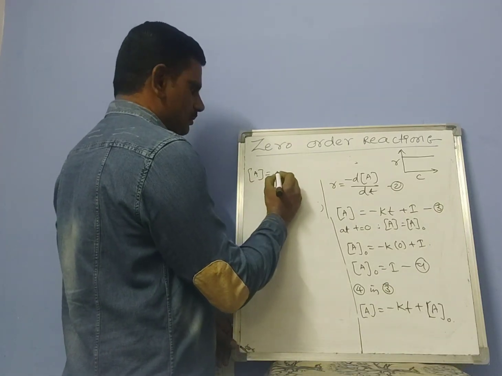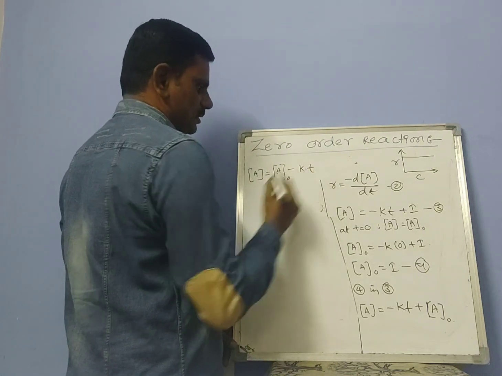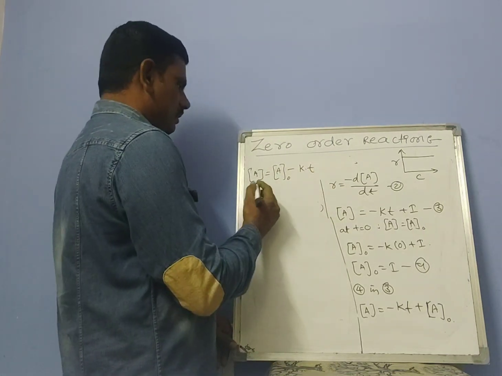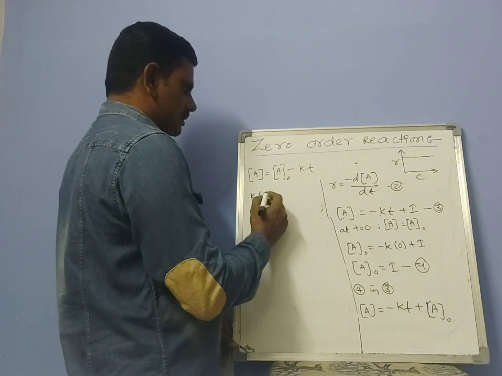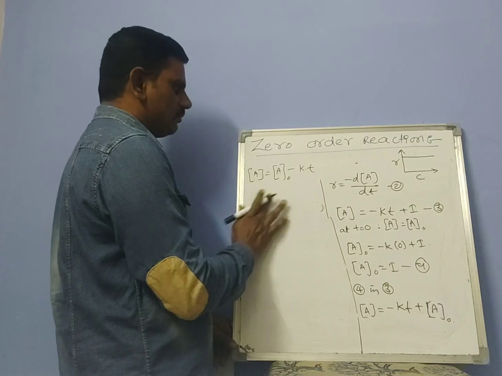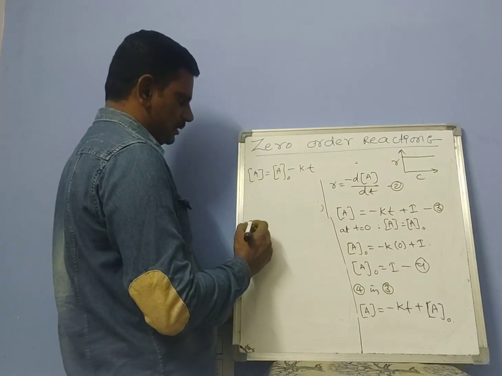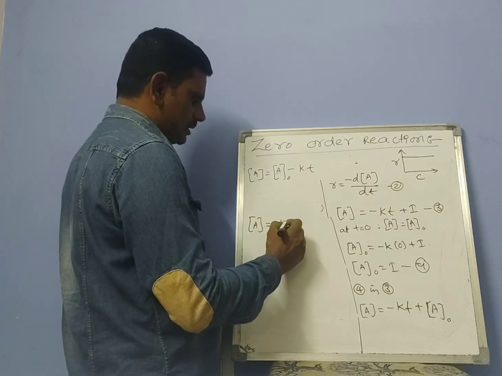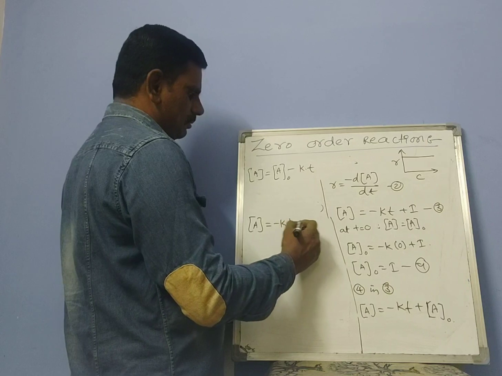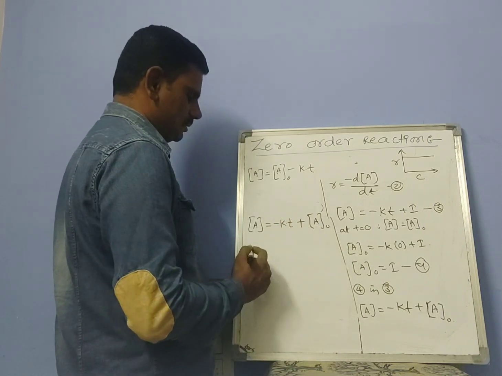A is equal to A0 minus Kt, right? And one graphical form we can write here. When you rearrange those terms like this, A is equal to minus Kt plus A0.